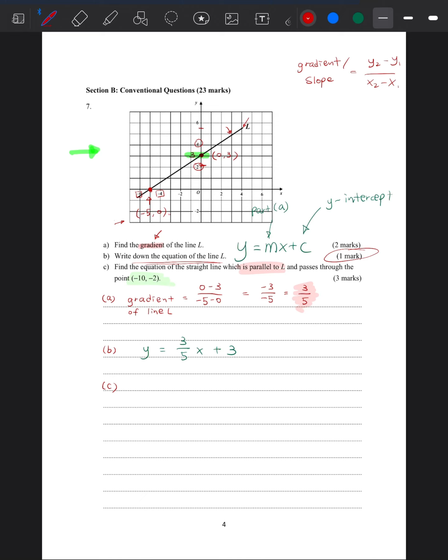So the first thing, you can write down the equation of the straight line, the gradient equals 3 over 5.